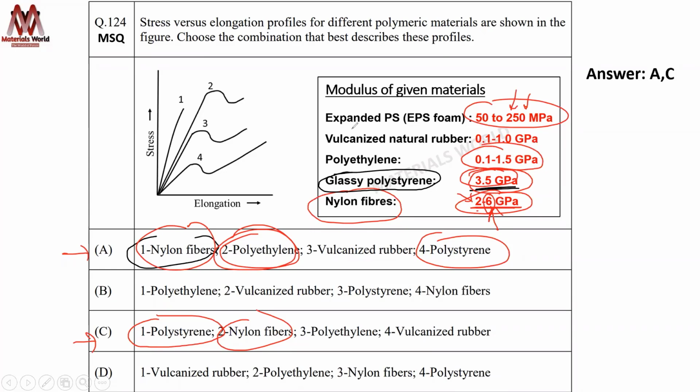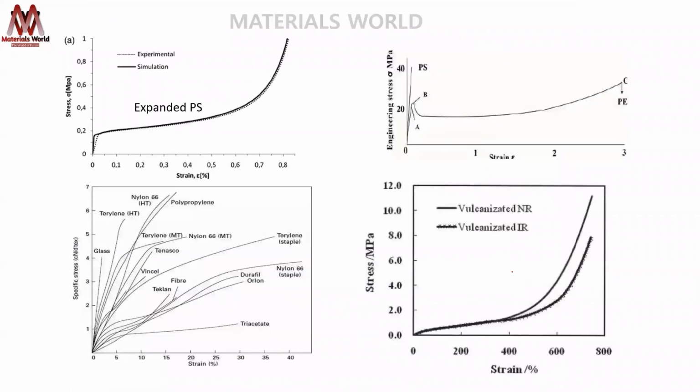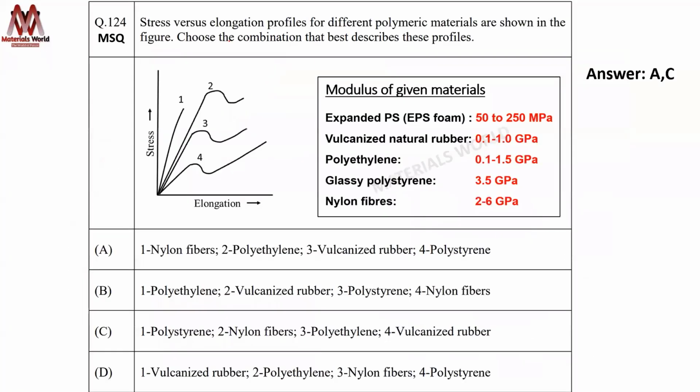Okay. So from all this, now I'll show you really realistic data from literature. So here are the typical expanded grades. See, such a very low modulus and such a high percentage elongation, right? As you can see here, this one can replicate this one.